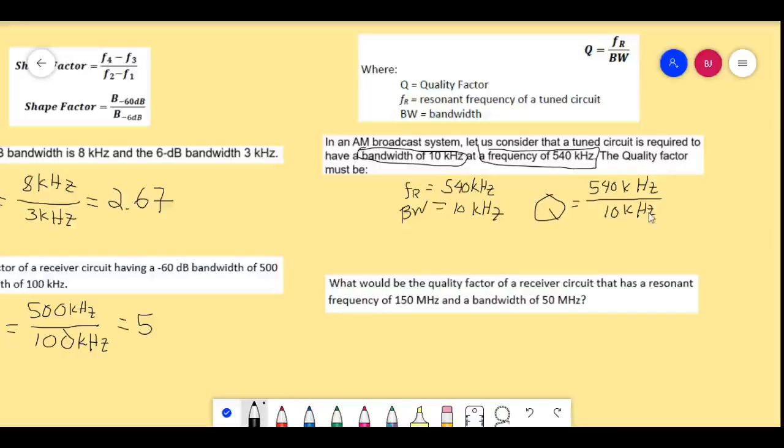And that means we would be able to get a quality factor of 54. Quality factor, just like our shape factor, is unitless, as the hertz would cancel out. This just tells us that our bandwidth is around 54 times smaller than the frequency that we're occupying.